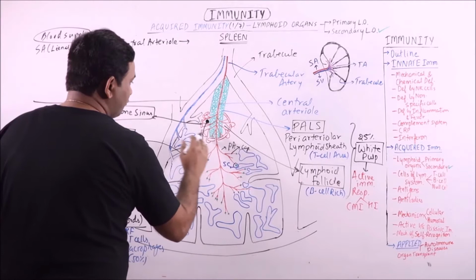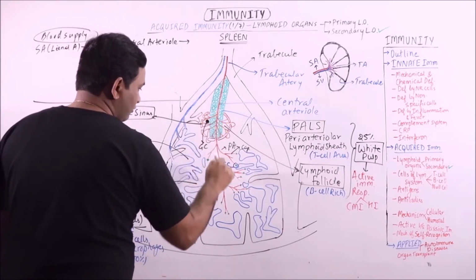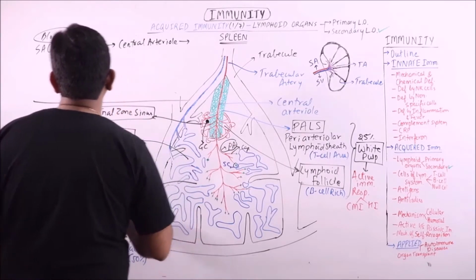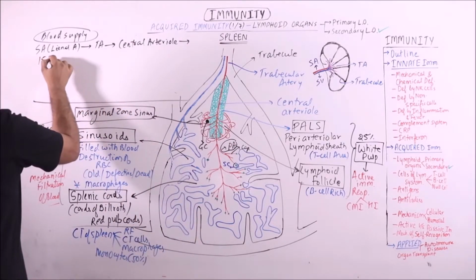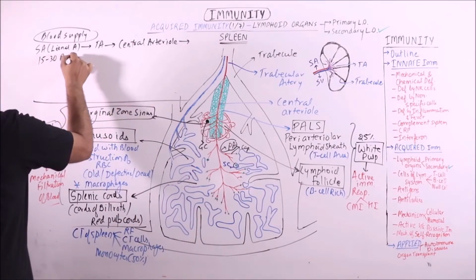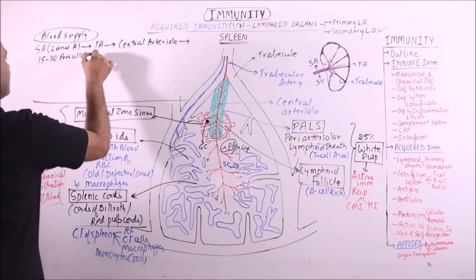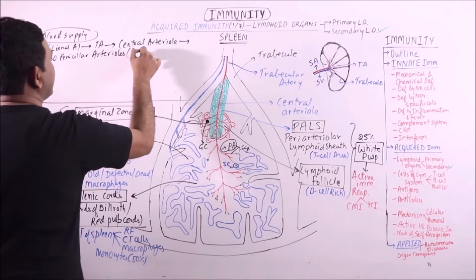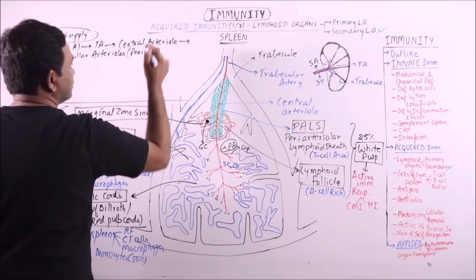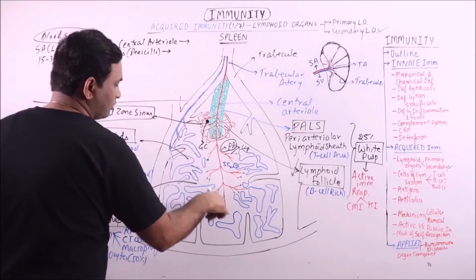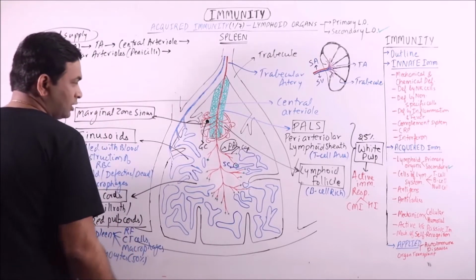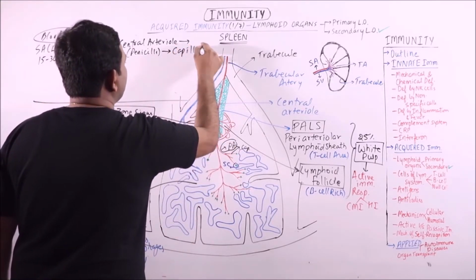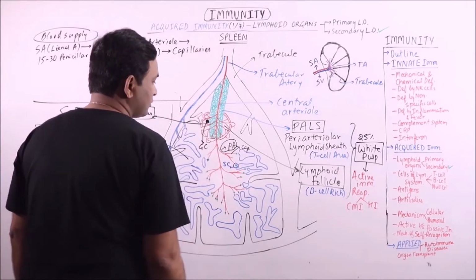After emerging from the lymphoid follicles, this central arteriole will give rise to 15 to 30 penicillar arterioles, which will radiate out from the central arteriole. Now the capillaries will be formed by these arterioles.